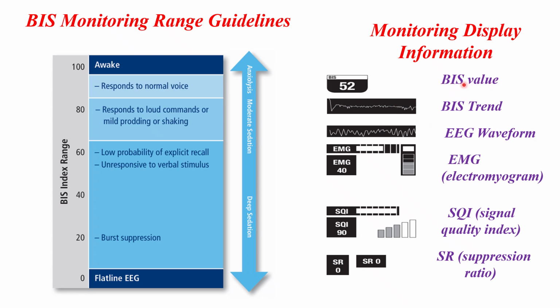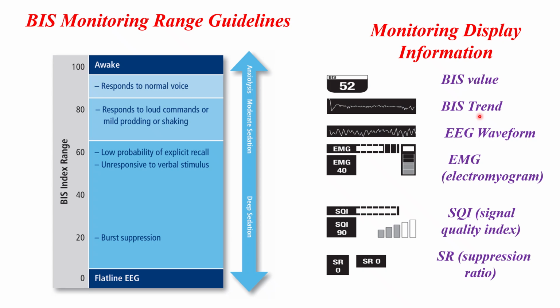This is the main numerical index, from 0 to 100, which represents the patient's level of consciousness. A higher value indicates the patient is in an awake state, while values between 40 and 60 indicate adequate general anesthesia.